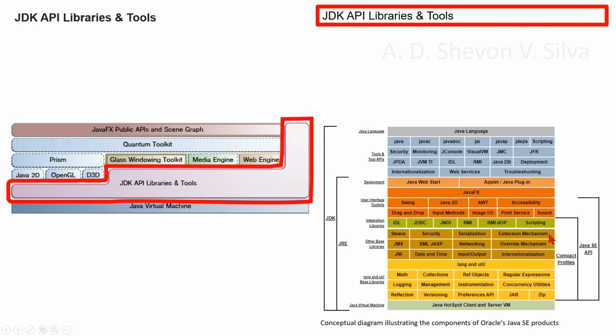Extension mechanism for support of optional packages. This feature has been deprecated and will be removed in a future release. Optional packages are packages of classes and any associated native code that application developers can use to extend the functionality of the core platform.